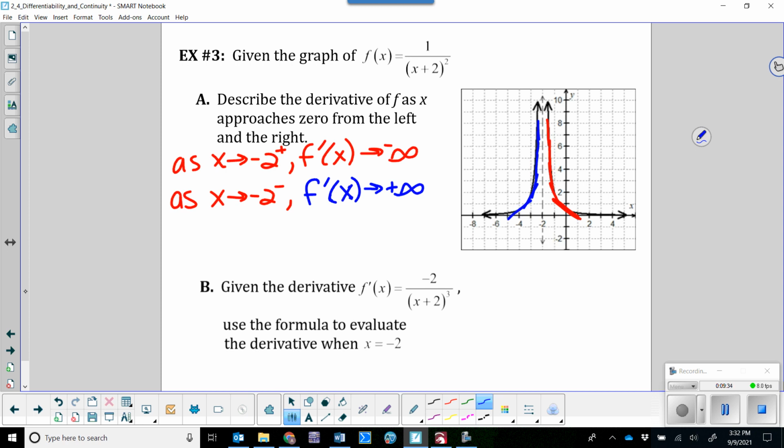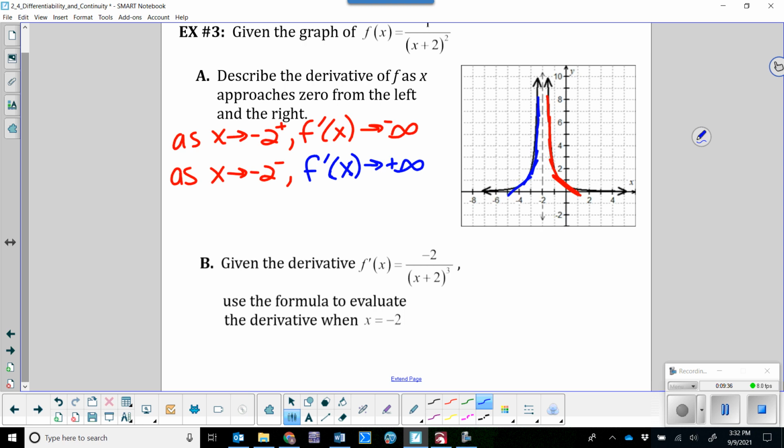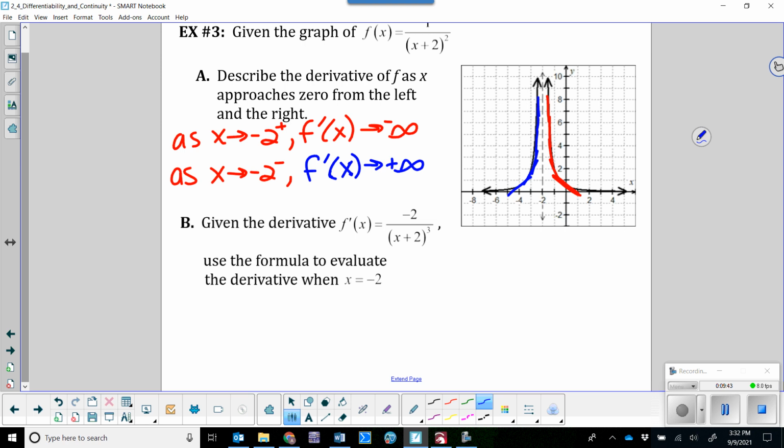Now, let's look at part B, which is the same function, but now they're telling you the derivative. They're saying the derivative of the function f is negative 2 over x plus 2 whole thing cubed. So now it asks what would happen if we could evaluate f prime at negative 2.